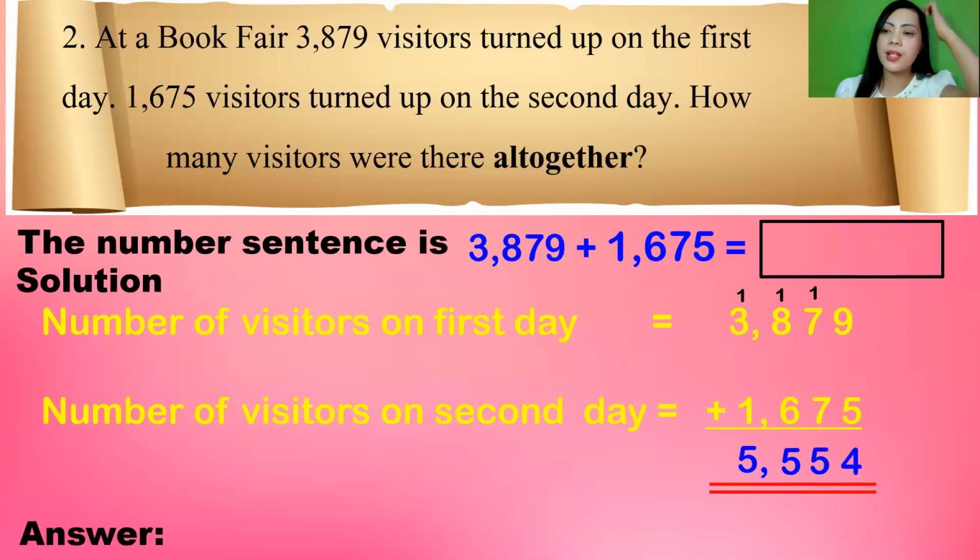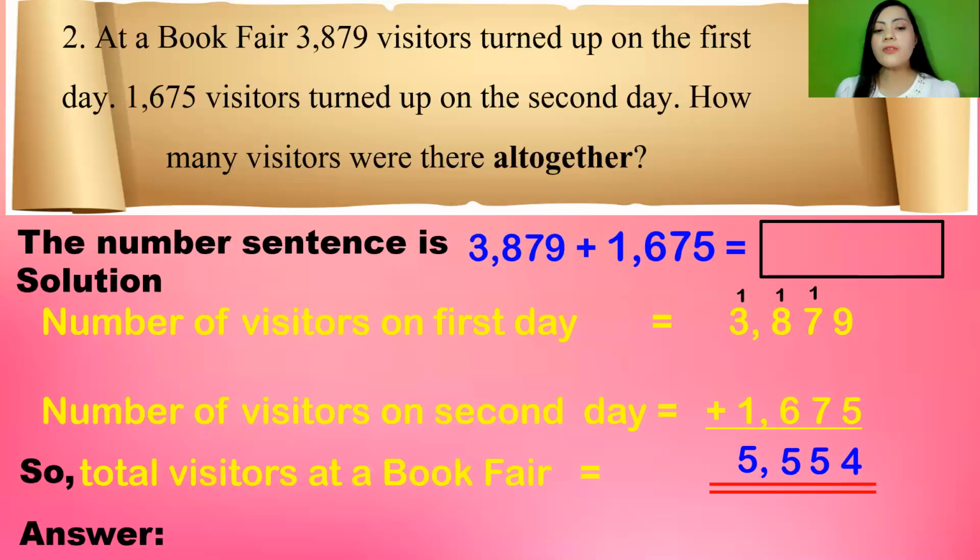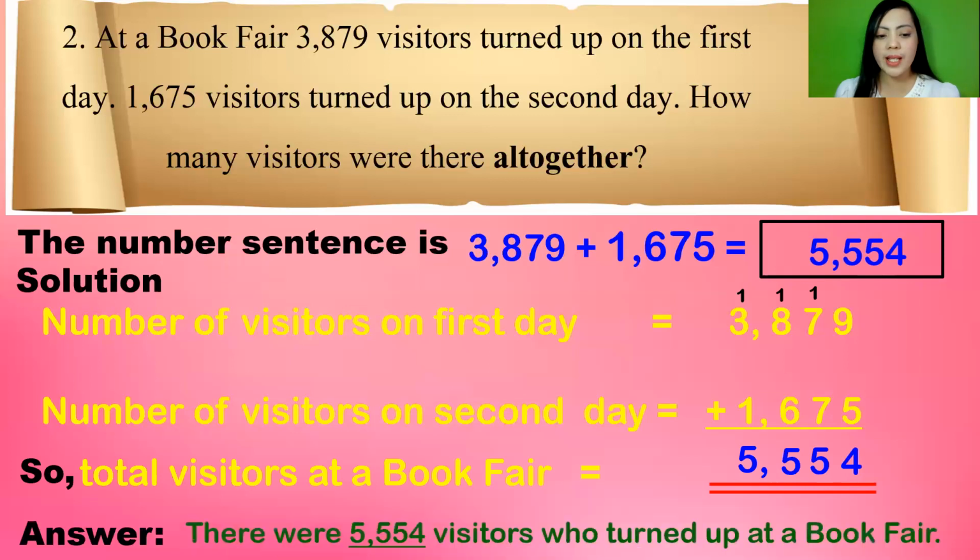So the answer is, total visitors at a book fair is equal to 5,554. So the complete answer is, there were 5,554 visitors who turned up at a book fair. That is word problem number 2. Let's go now to word problem number 3.